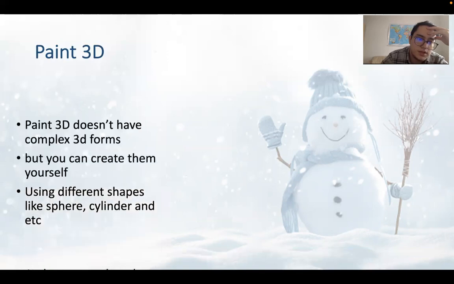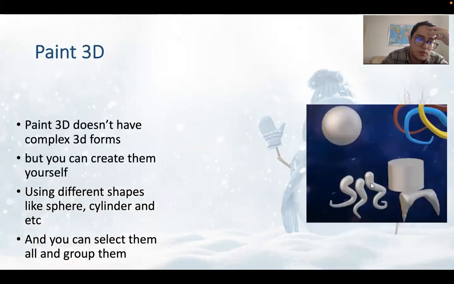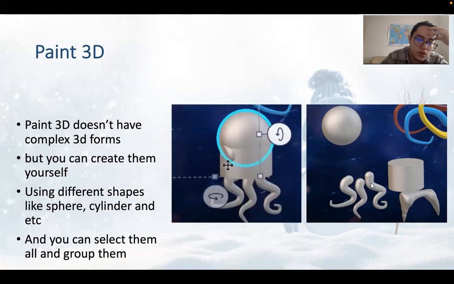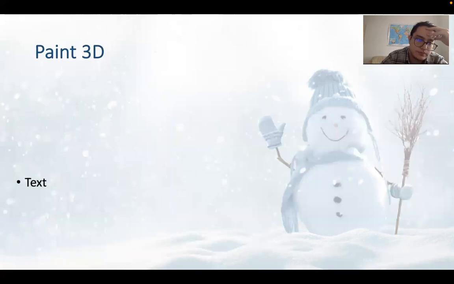Paint 3D doesn't have complex 3D forms, but you can create them yourself using different shapes like spheres, cylinders, etc. And you can select them and group them. Once you do, you can create an octopus or any shape that you desire or need.